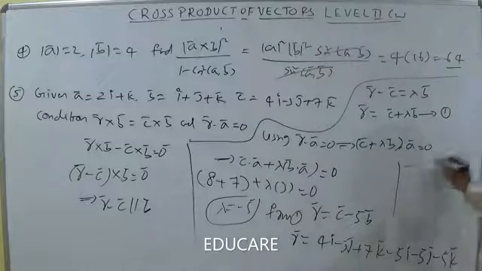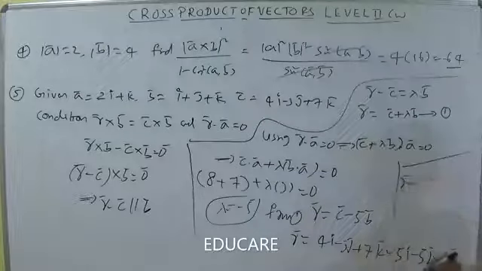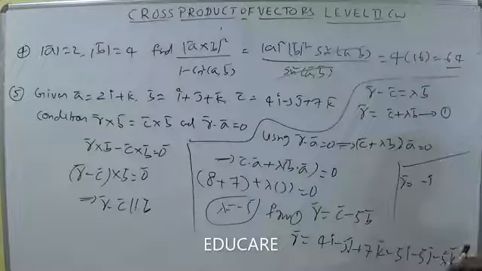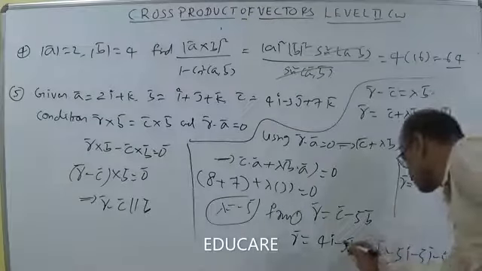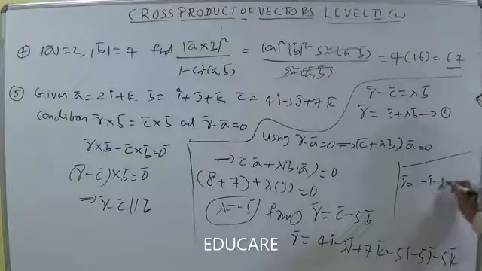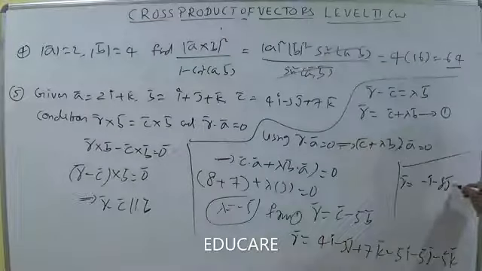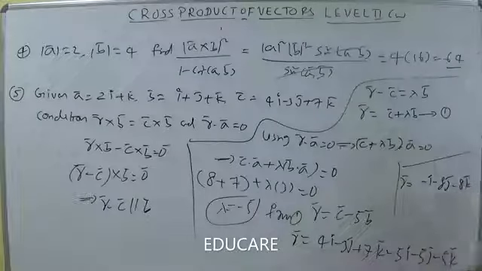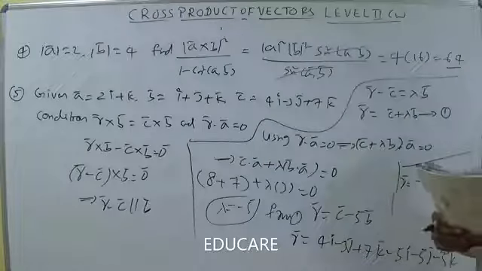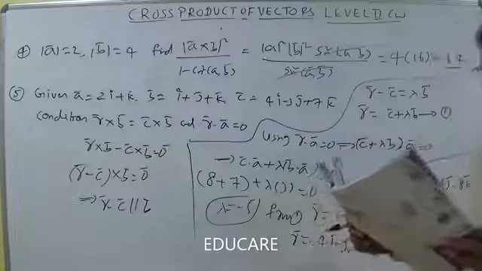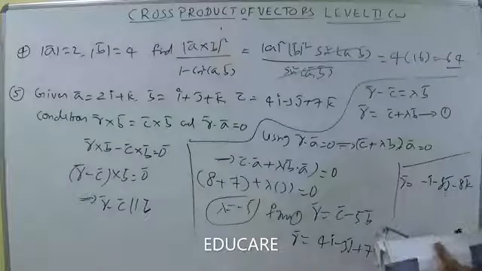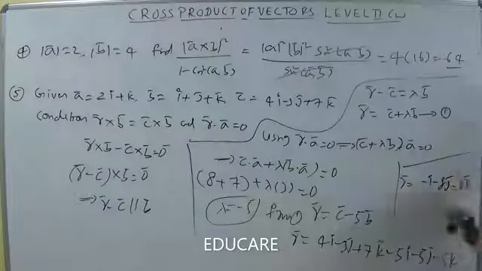So r bar you can write as minus i bar minus 8j minus 8k. The question has minus i minus 8j plus 2k. 7 minus 5, yes, it is plus 2k.